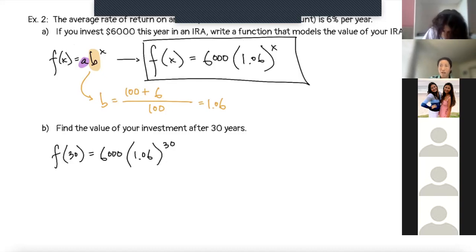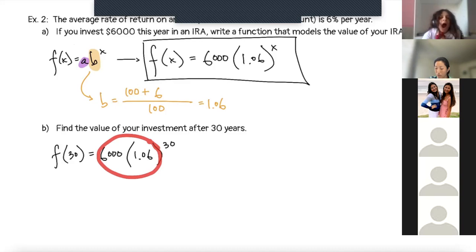All right. Now, I know for the last question, I asked you to just type that into Desmos and it gave us an answer. And I still want us to do that this time. But as a thinking question for ourselves, if we were to do this on a regular calculator, which one would we do first? Would we multiply the 6,000 and the 1.06?